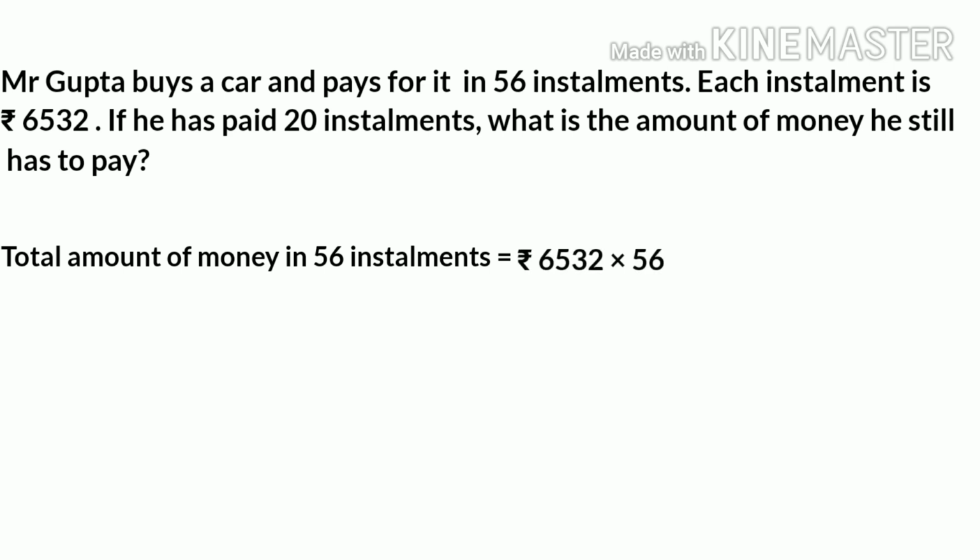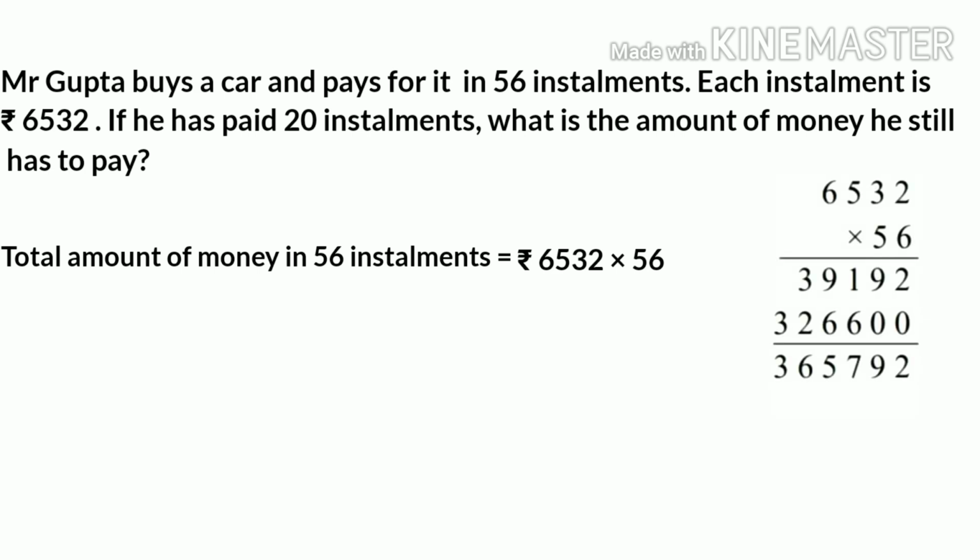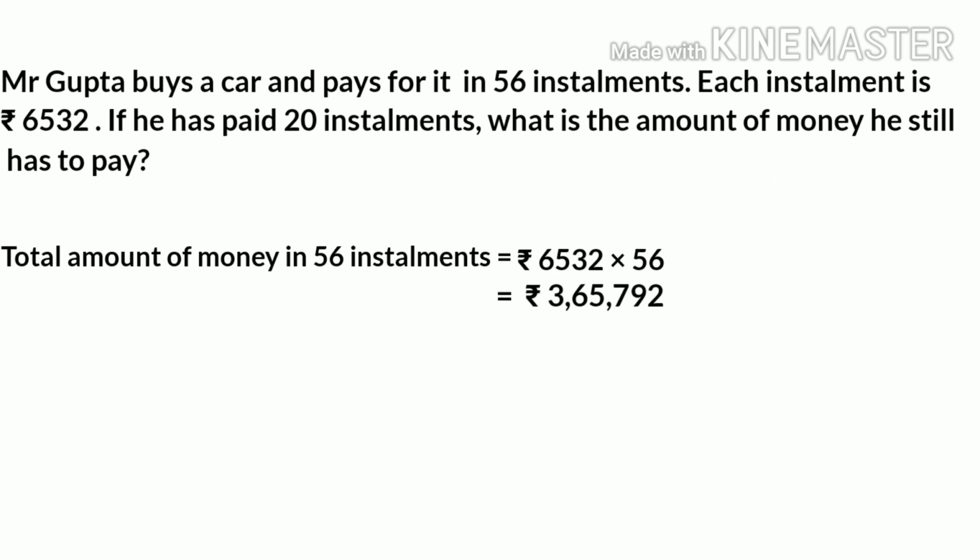When we multiply 6,532 by 56, we get 3,65,792. So the total amount of money in 56 installments is rupees 3,65,792.